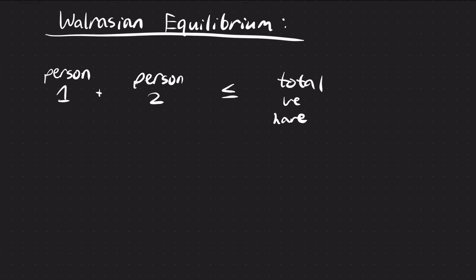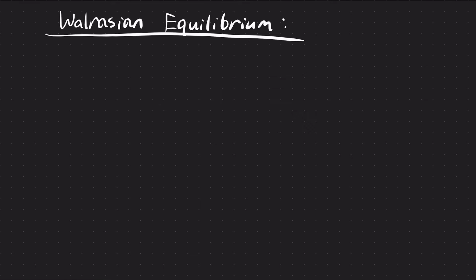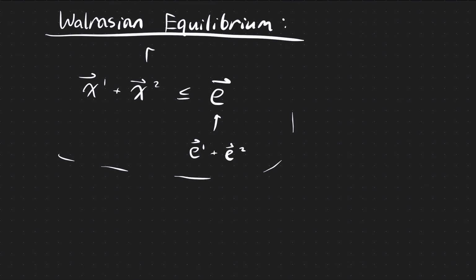That can be written for each of the endowment vectors. If xi is the amount that we give person i, we can write x1 plus x2 has to be less than or equal to their original endowments, where this guy, remember, was e1 plus e2. The second condition that it has to have, this one is called feasibility.